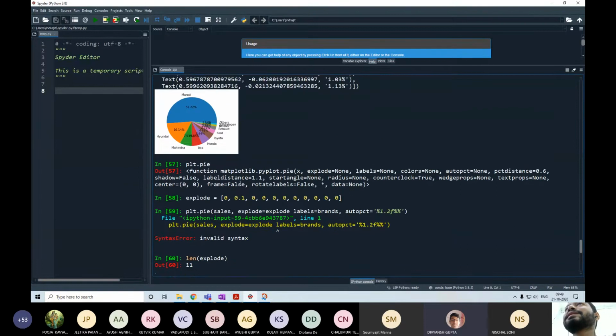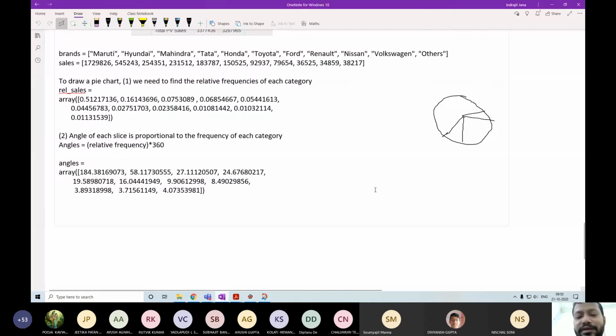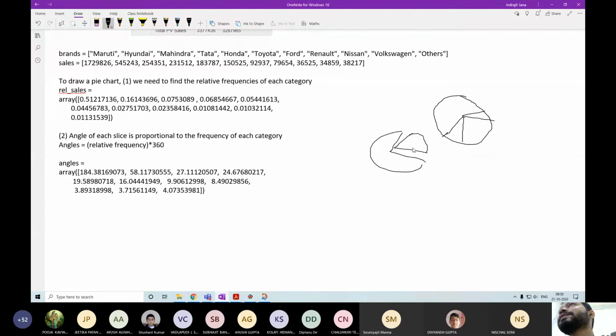Actually, this pie chart is a uniform pie chart, but if you want to slice out a piece, you see the pictures in the news or somewhere. What it is supposed to do is something like this. That particular category will be shown outside, sliced out that way. Someone asks, why are you providing 0.1 for the second?